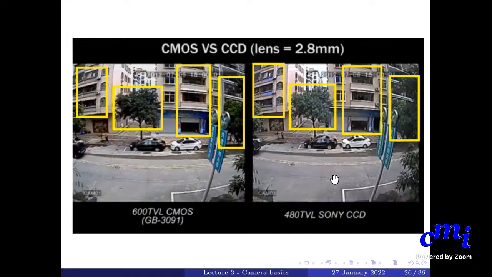And the color of the tree or the color of that board is more true to life in the CCD image than in the CMOS image. So these things come into play depending on the application. Entirely dependent on the application.